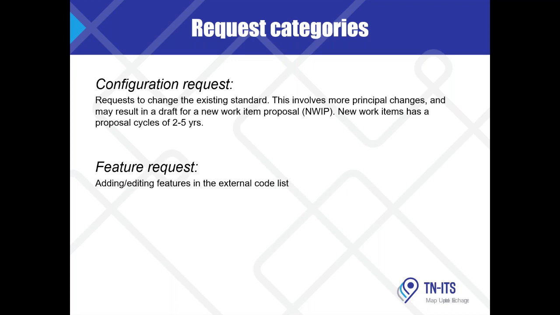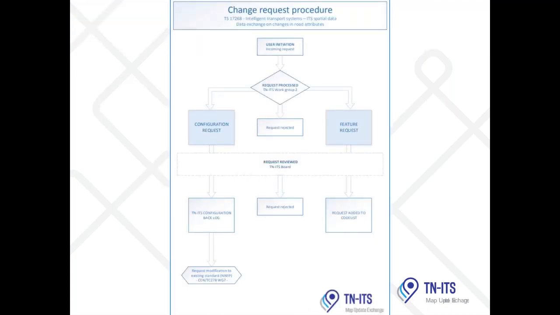If it's a configuration request, it will be put in the backlog and logged as something that will be requested in a new version of the existing standard. It can be requested, modified in a new work proposal, which will be processed, as I said, within 2 to 3 years.